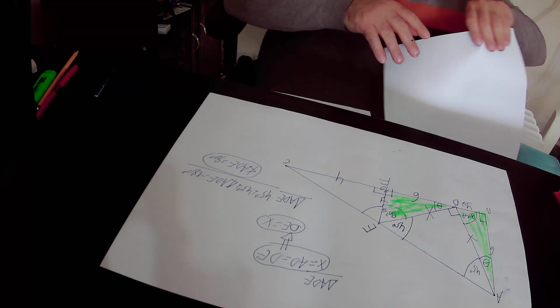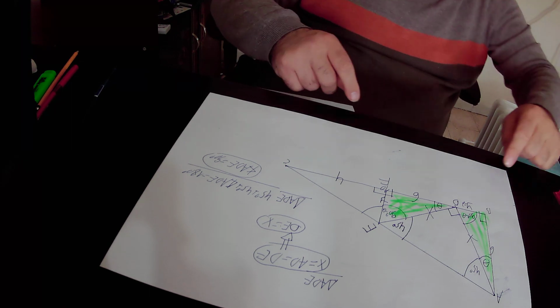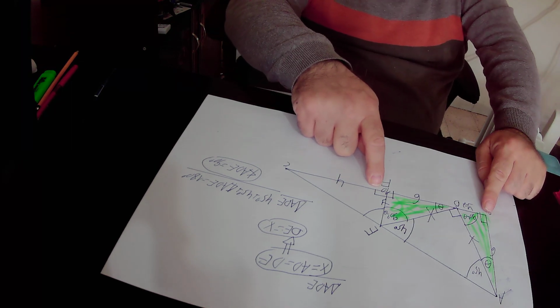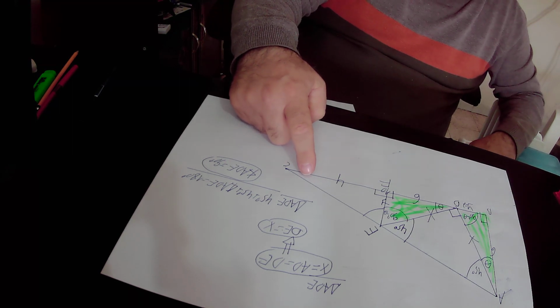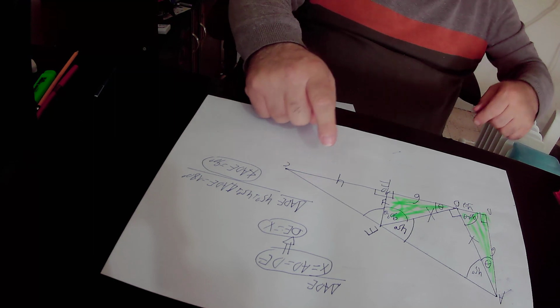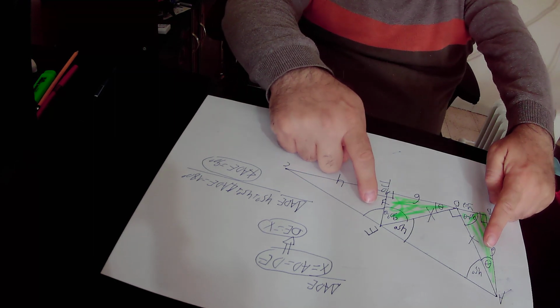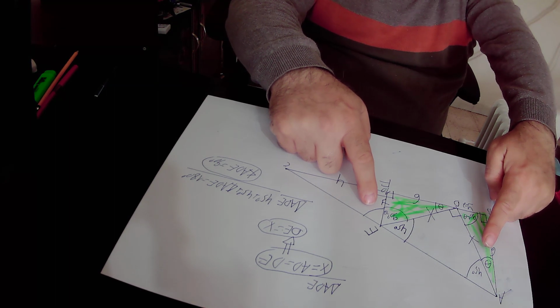Right, those two right triangles are similar to each other. First of all, they both have right angles, and then this angle is a common angle, it belongs to both triangles. And the third pair of angles must also be equal according to the third angle theorem.